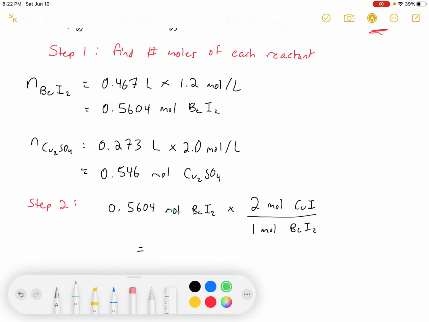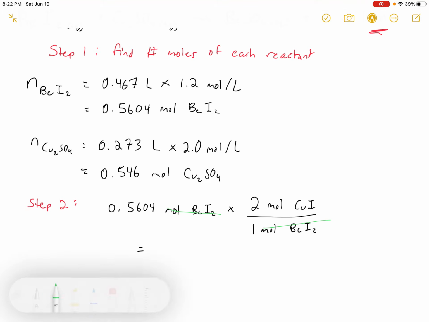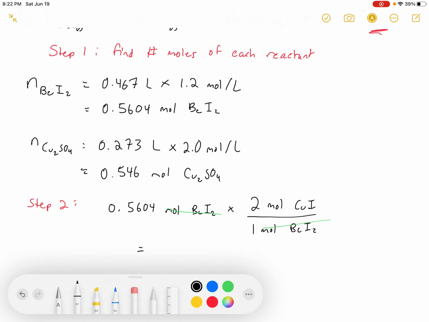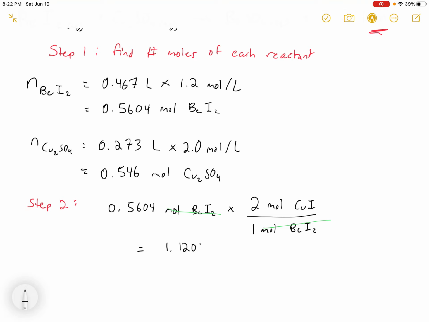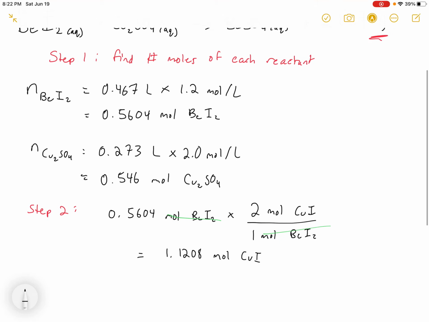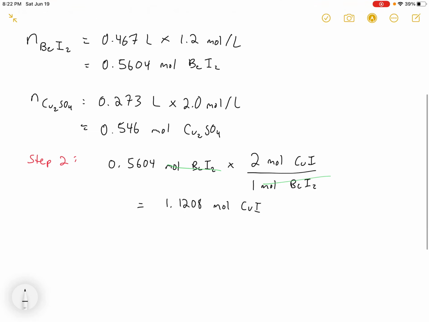And again, the reason why I set it up like that is so the units of what we already have will cancel out. So this would give us 1.1208 moles of the copper iodide there.